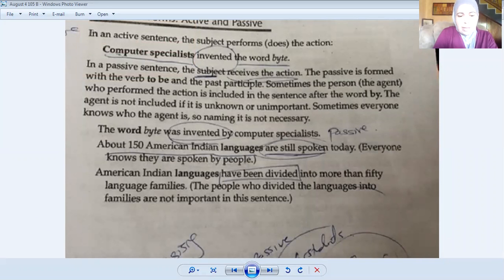Verb 3. Okay? And then we have by subject. All right? And then maybe complement. Or complement, then by subject. All right? Let's say complement, then by subject. Okay? Like this.